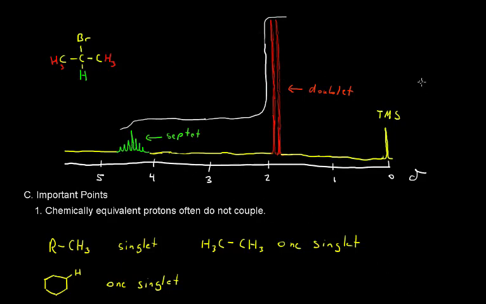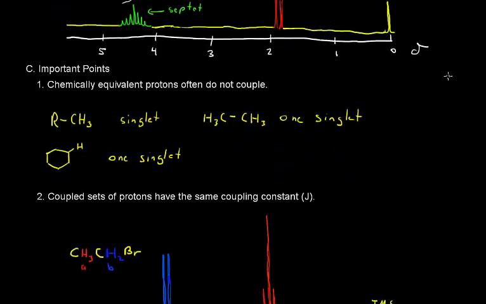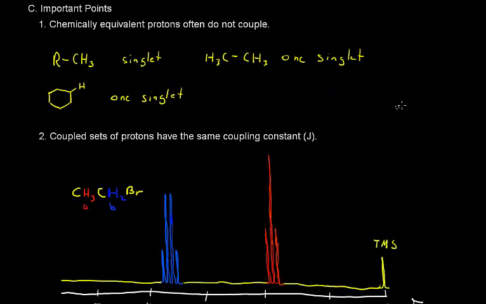So finally now, to conclude our discussion of Proton NMR, I'll wrap up with some important points about spin-spin coupling, splitting. First off, and I've alluded to this previously, chemically equivalent protons do not couple. We've actually seen that in these spectra.